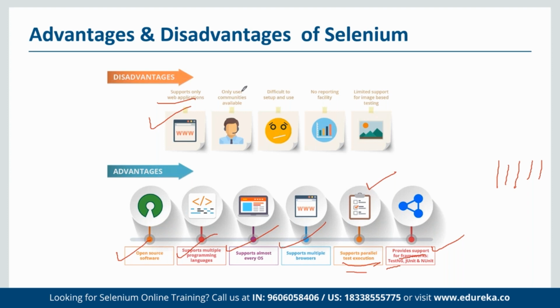Another disadvantage is that it can only work with community support, so you do not have anybody to talk to directly, or you may have to rely on somebody whom you don't know. You put up the question today, and you may not get the surety that your answer will be given in the next 1 minute, or in the next 10 days also.